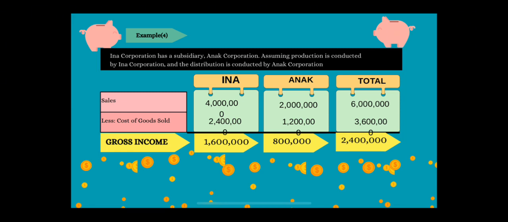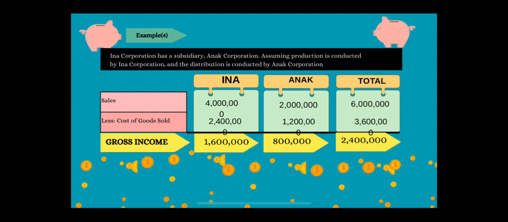So, for the example, INA Corporation has a subsidiary, ANAC Corporation. Assuming production is conducted by INA Corporation and the distribution is conducted by ANAC Corporation.